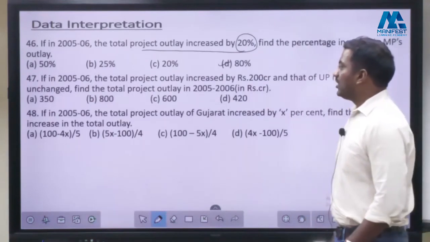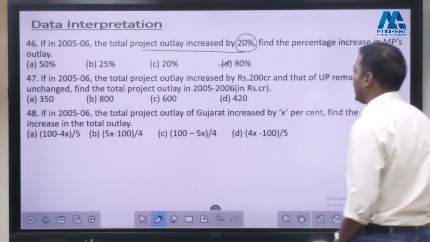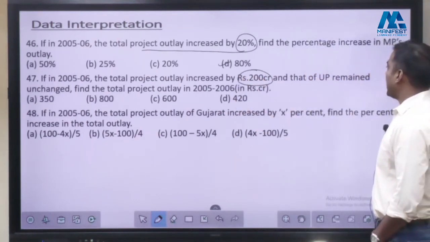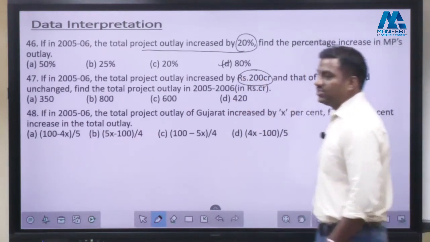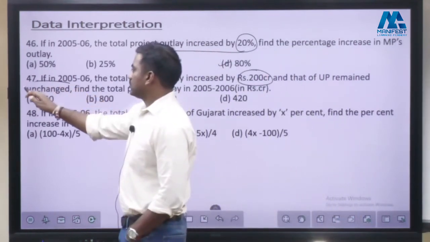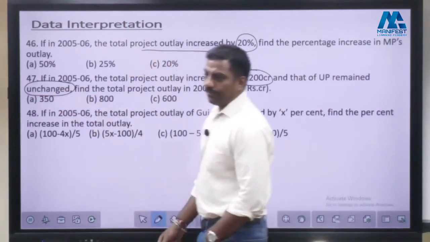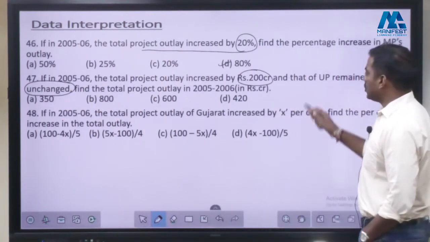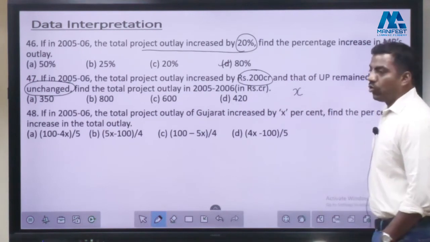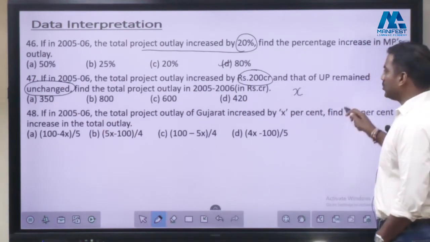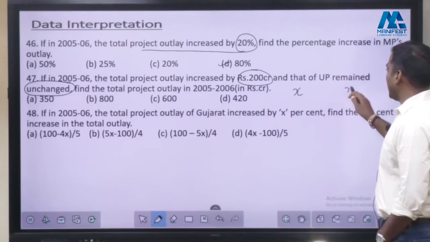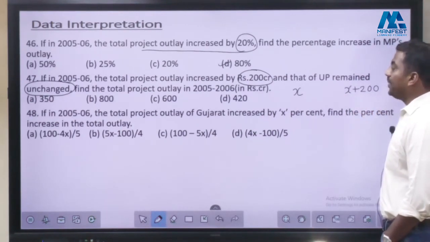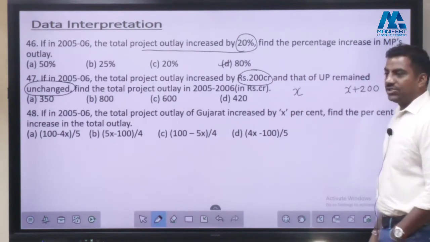Next, if in 2005-06, the total project outlay increased by 200 crore and that of UP remained unchanged. Getting my point? Similarly, earlier in 2004, the outlay was X, and in 2005-06, the outlay is X plus 200 crores. And UP's remained unchanged.